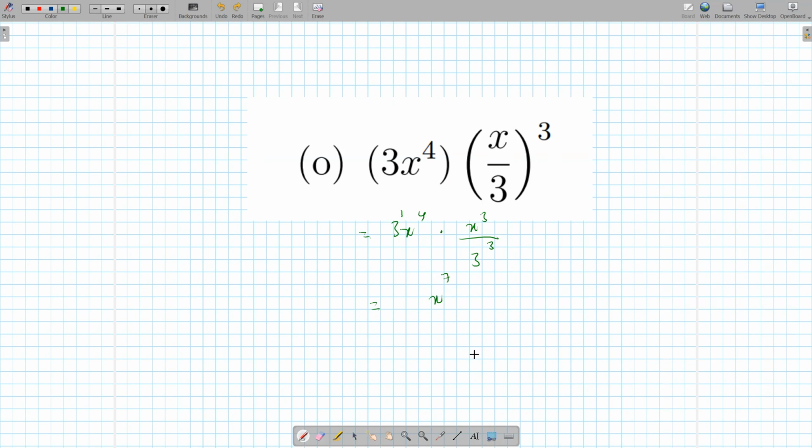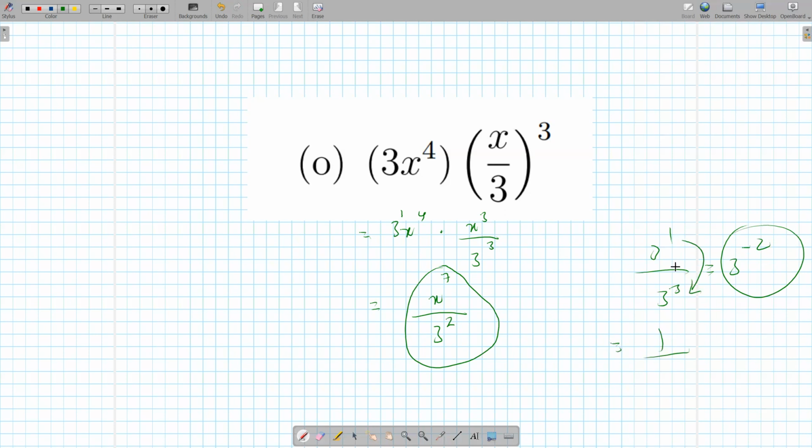Bring the 3 cubed up? Okay, you could do that, but it's easier to bring the power 1 down, because then you automatically get a positive exponent, you see? If you bring the 3 cubed up, you're going to get 3 to the negative 2. So you're going to have to use one extra step. Whereas if you just bring this down, it becomes a subtraction, right?